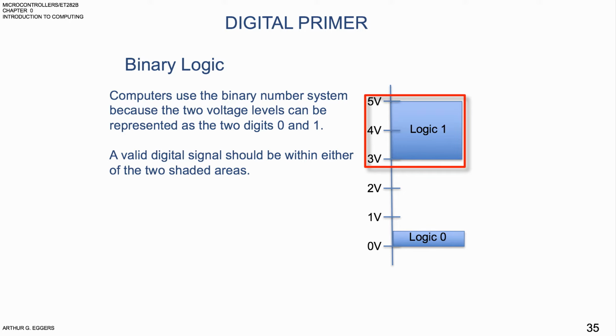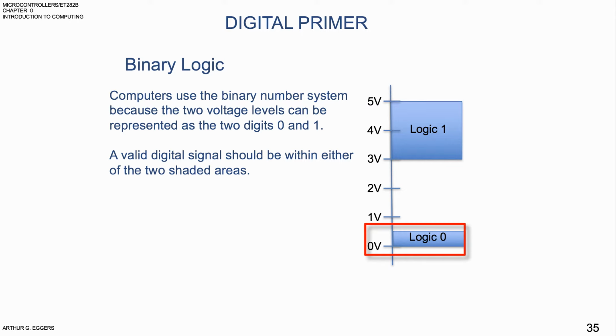In this diagram, anything from 3 volts to 5 volts is considered to be a logic high. So you don't get an analog representation of what's going on. The logic 0 is anything below about half a volt. So this gives you a tangible idea of what the ones and zeros relate to on a physical circuit.